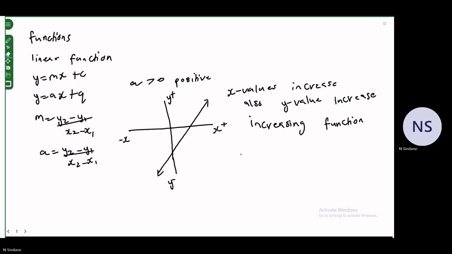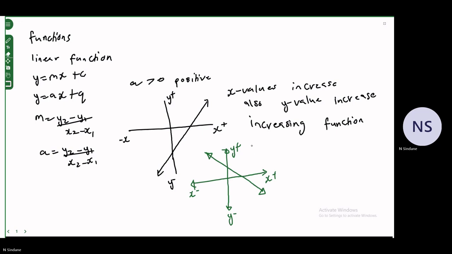Let's get to the second part. Now your graph is like this, with x positive and y negative, and your graph is like that.